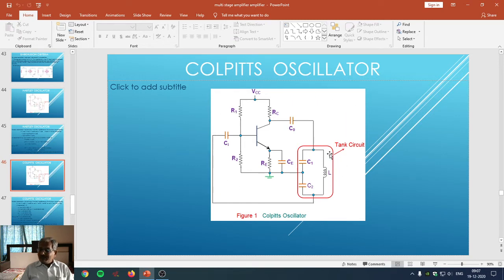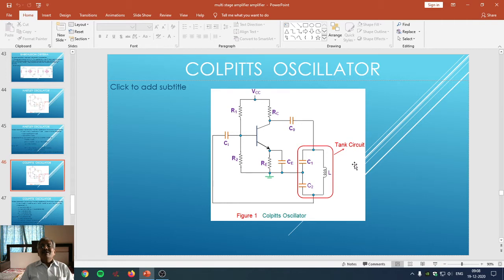And if it is subtracted from the input, the net phase shift becomes 0 degrees. Thus, one of the conditions of the Barkhausen criteria is already satisfied here, and hence it provides positive feedback to an amplifier so that the amplifier circuitry is converted into an oscillatory circuitry.